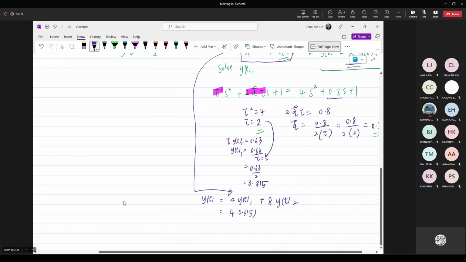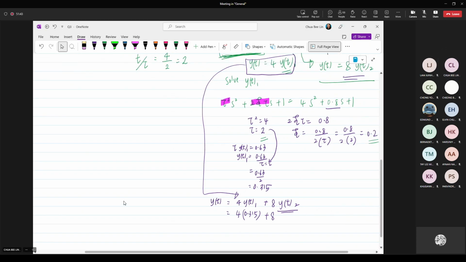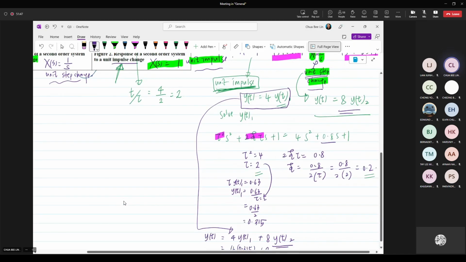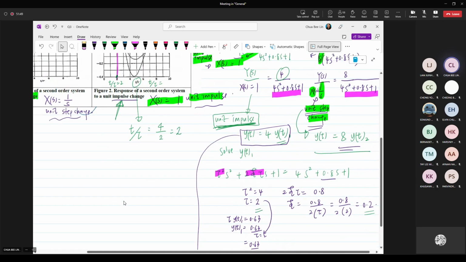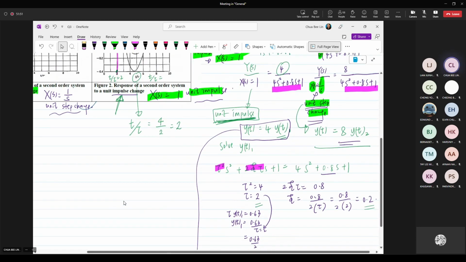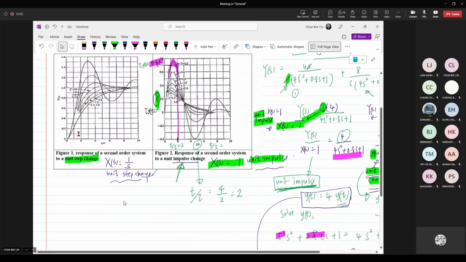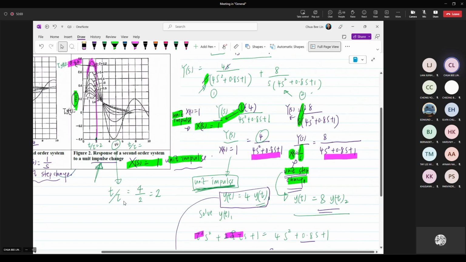Now you need to solve this YT2, which is using the step change. So from here, step change is using this curve. Again, T over tau is 4 over tau, the same value you have calculated just now because of the same denominator.